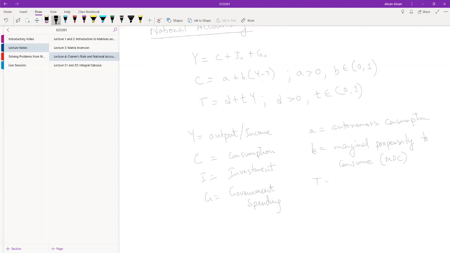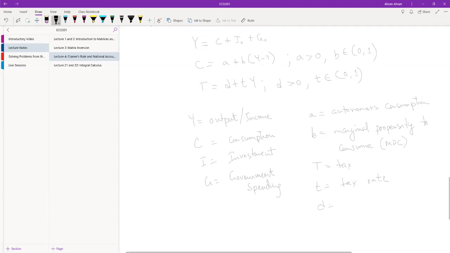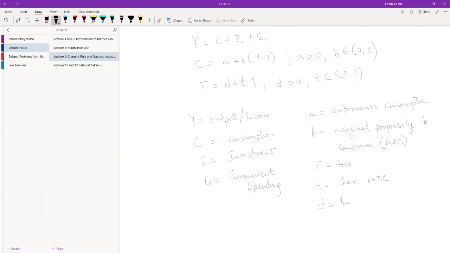T, the big T, is tax, how much you pay as tax. Small t is the tax rate. So if small t is 0.05, that means you pay a 5% tax on your income. And D is the lump sum tax.